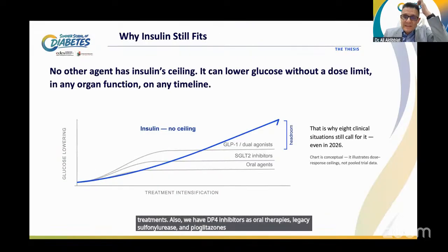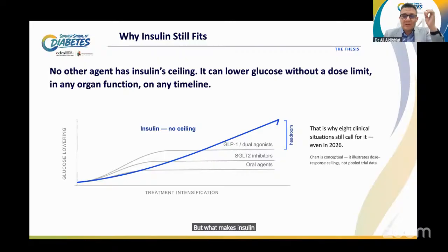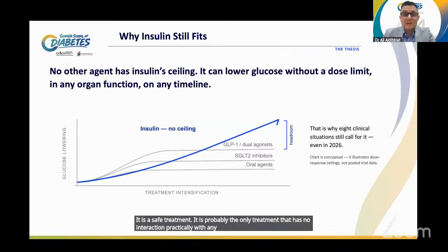But what makes insulin stand out from the crowd? It is a safe treatment. It is probably the only treatment that practically has no interaction with any other medication, and it has no ceiling. All of the other agents are either limited by side effect profile, or by a lack of therapeutic benefit beyond a certain dose.